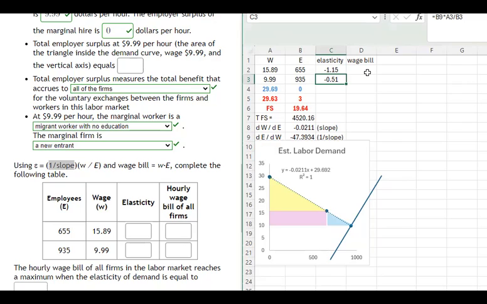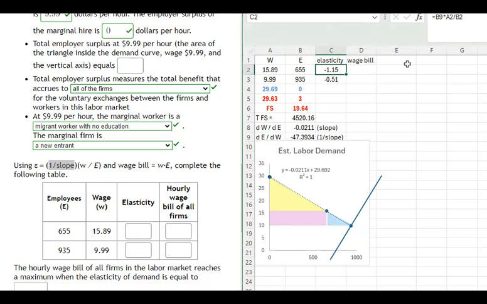So if you're a member of a labor union, and the elasticity is, say, -5, right? Should you go on strike? Probably not, because those firms are very sensitive to a wage increase, right?